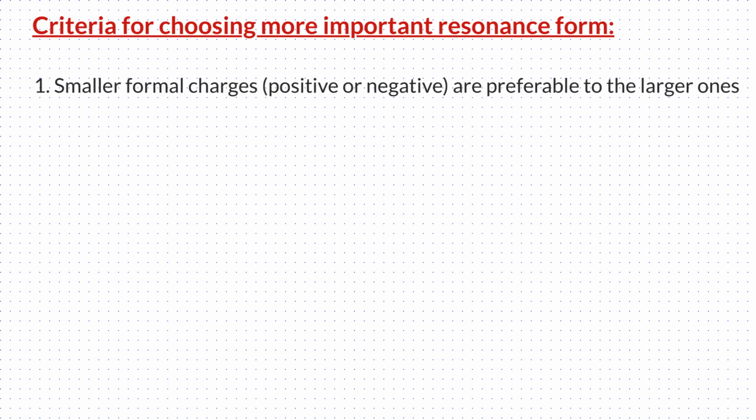1. Smaller formal charges are more preferable to the larger ones. When I say formal charges, it is in terms of magnitude, not the number. That is, a -1 is more preferable than -2, and similarly, a +1 is more preferable than +2. 2.